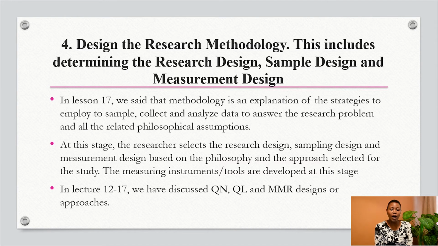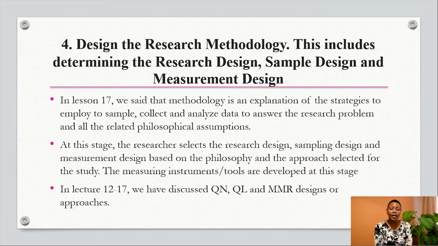It is therefore at this stage 4 where the researcher selects the research design, sampling design, measurement design based on the philosophy and the approach selected for the study. It is also at this stage where the measuring instruments, or what we call research tools, are developed.